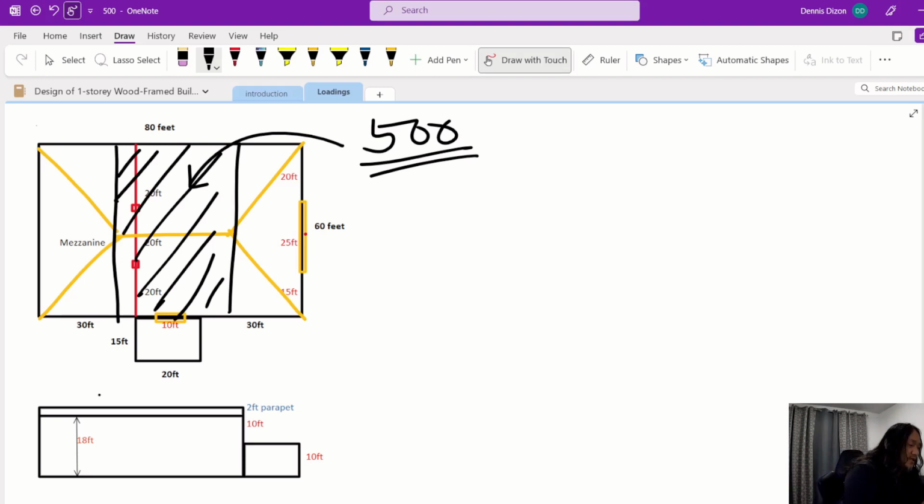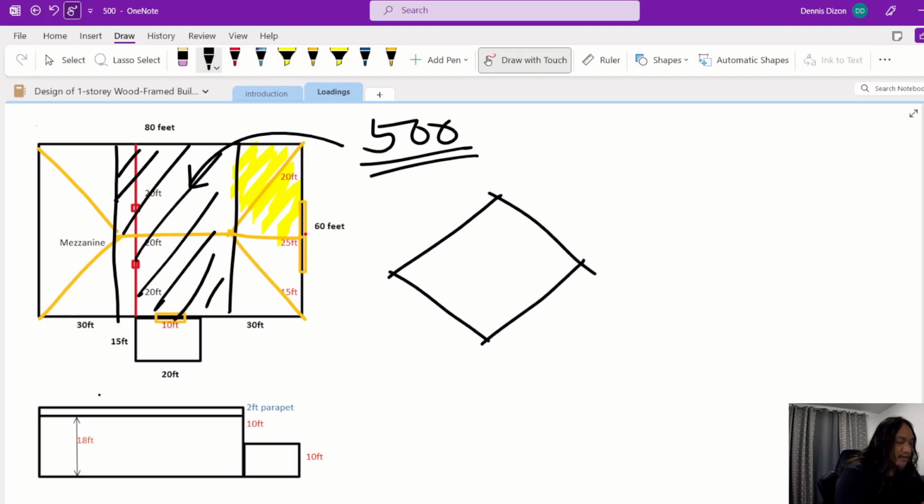Now we will calculate this volume here, and then we will multiply it by 4 and add to volume 1, which is 500, and we will get the total volume. So if we draw that in 3D, it will look like this.